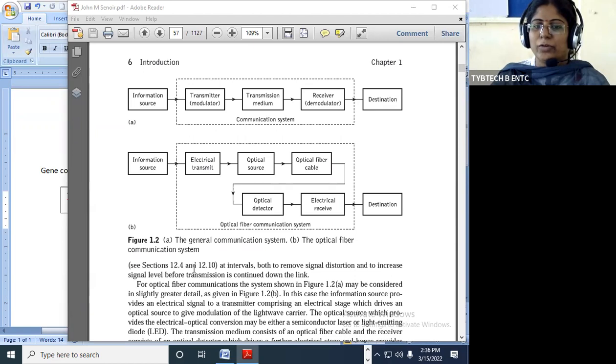Write down: information source generates the information signal which we have to transmit.